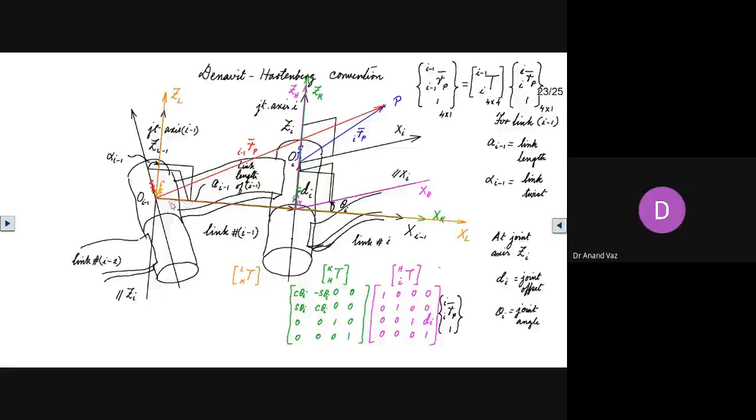It is shifted along the x-axis by the length a i minus 1. So accordingly, can you tell me what will come here? The origin of frame K with respect to the frame L, what is the location of that? a i minus 1. So this is a i minus 1. This will be 0 and this will be 0. This will be 1.